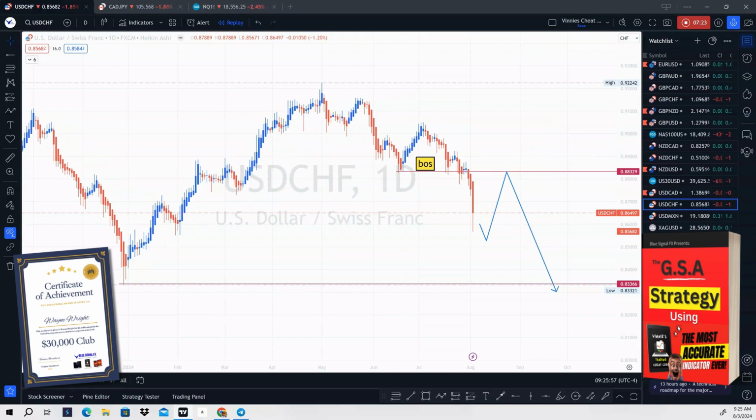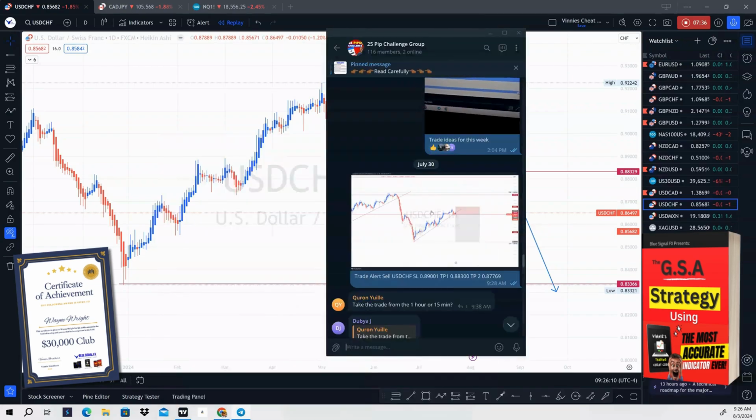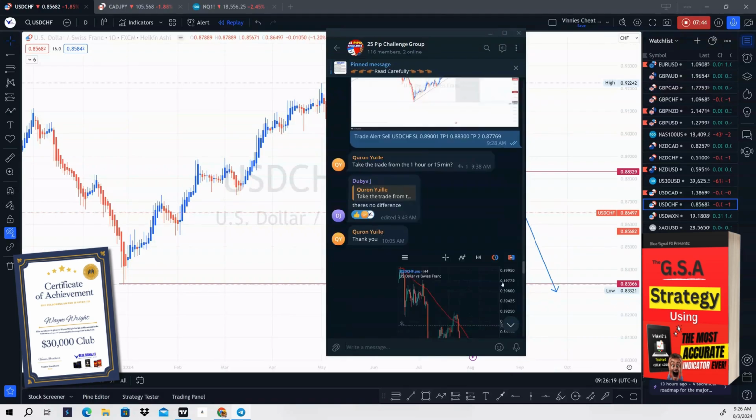So here, let me show you guys inside of the group here. Here is the actual trade on July 30th. It said trade alert, sell USD CHF. Okay. That's exactly what we did.